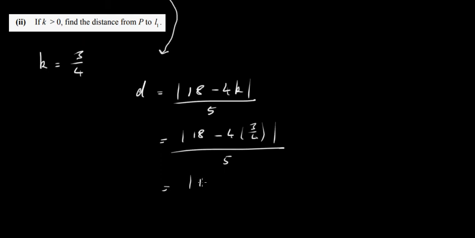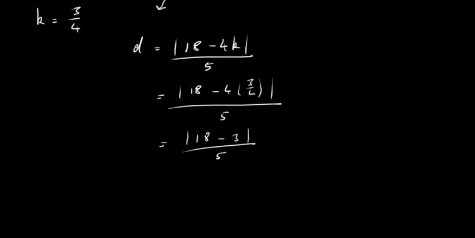That's going to be 18 minus 3, all over 5. That's just equal to the modulus of 15 divided by 5. Well, the positive value of 15 is just 15, so it's 15 divided by 5, which is just 3. Okay, so that's it for question 3.